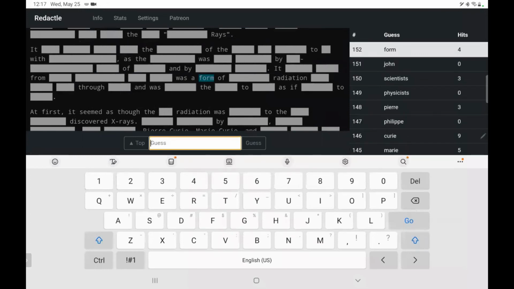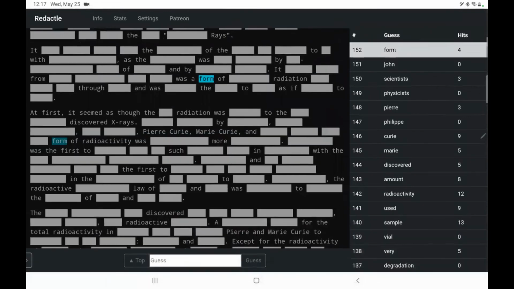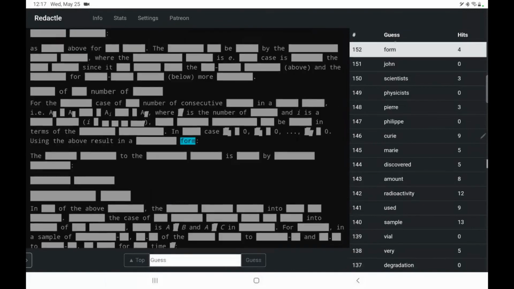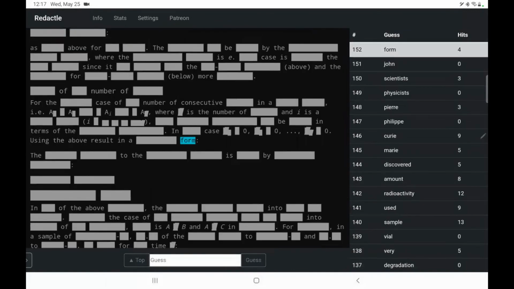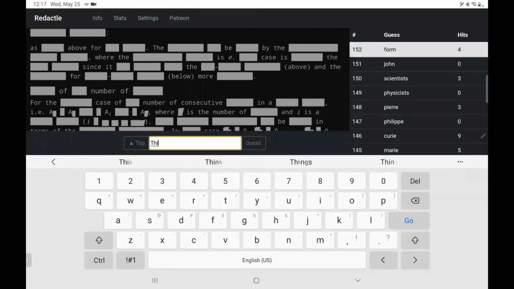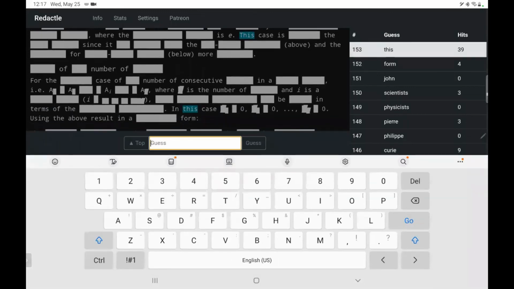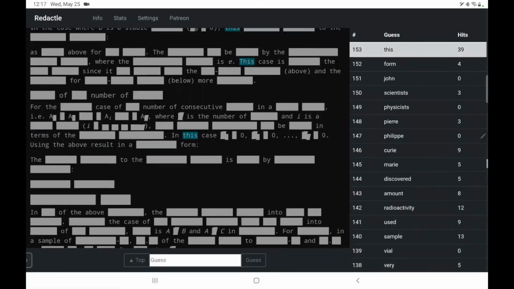Form of radiation? Yeah, form of something radiation. Using the above result in a something form. In this case, yeah, this case, ooh, we've got a lot of thises.